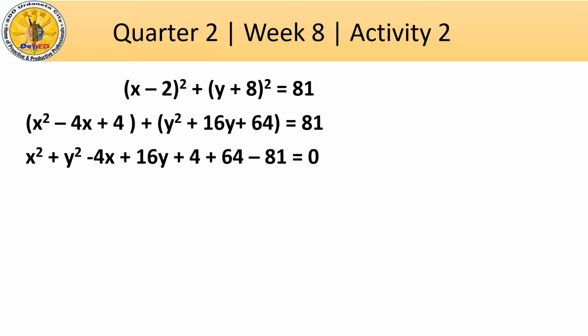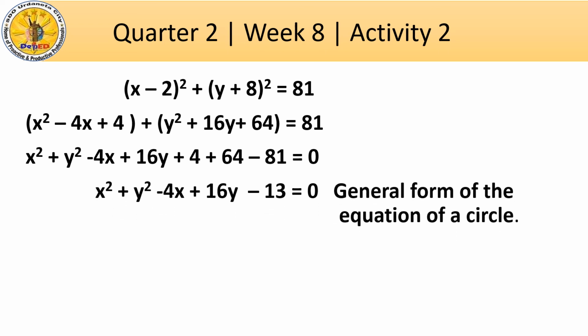Then we have now x squared plus y squared minus 4x plus 16y plus 4 plus 64. Then finding the additive inverse of 81 is equal to negative 81, then is equal to 0. Therefore x squared plus y squared minus 4x plus 16y minus 13 is equal to 0 is the general form of the equation of a circle.